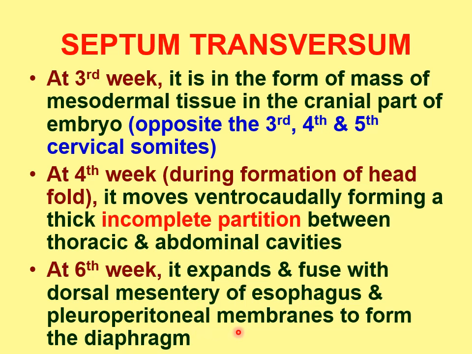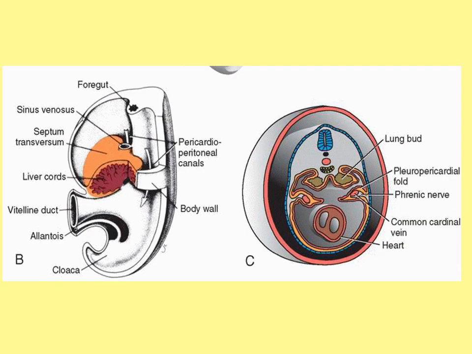So by these fusions and by the rapid growth of all these structures, now you will see here that, as you have seen before, this whole splanchnic mesodermal thickened ridge that you appreciate here is the septum transversum. This septum transversum is also the area where the liver cords, its hepatocyte cells, are growing.